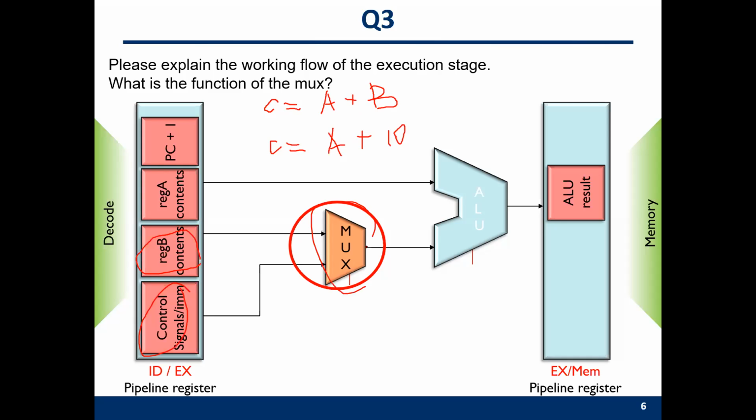The mask here is used to select between this guy and this guy. This guy is an immediate value of data. This guy is register B. So this mask is used to select between this B and this immediate data. And this ALU in this case is the adder.